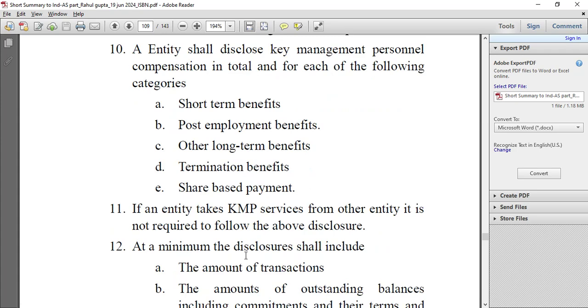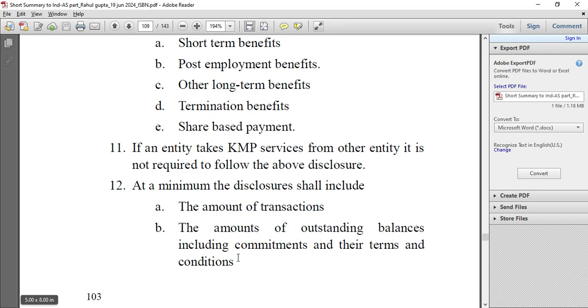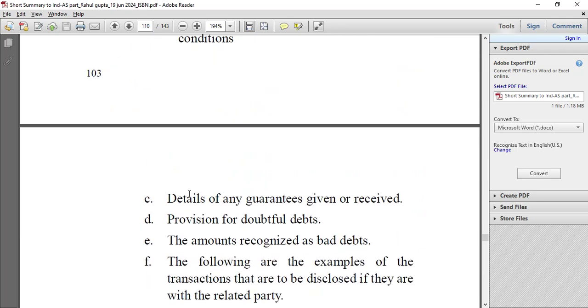At a minimum, the disclosure shall include the amount of transactions, the amount of outstanding balances, including commitments and their terms and conditions, details of any guarantees given or received, provision for doubtful debts, and the amount recognized as bad debts.